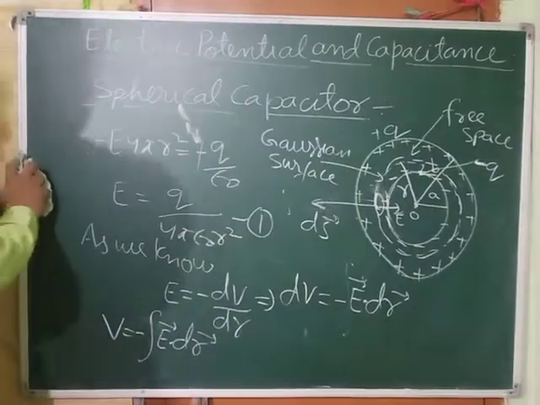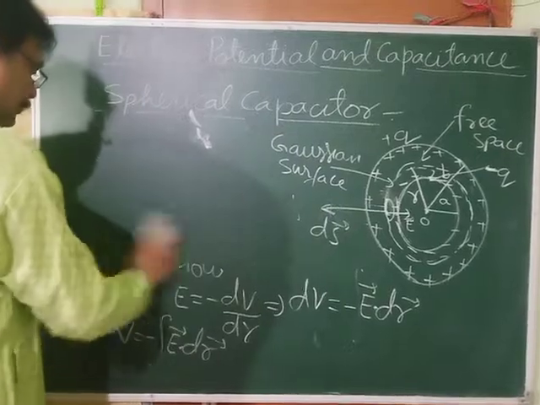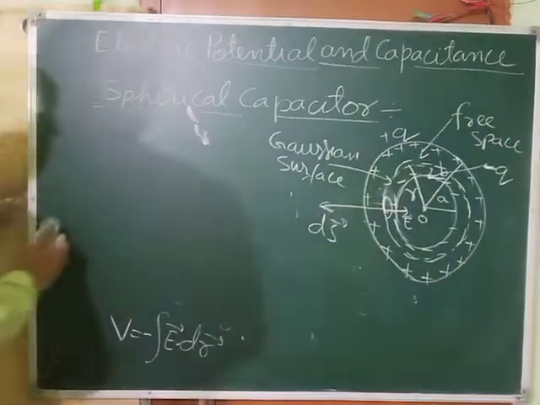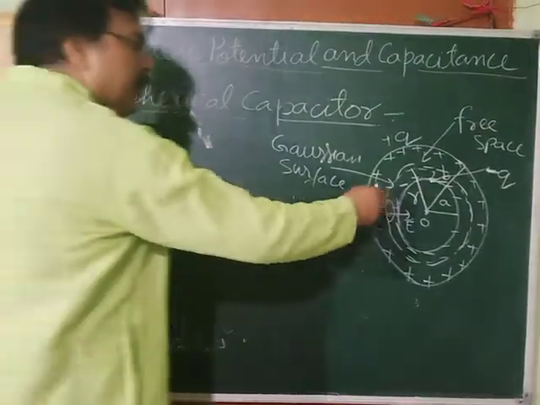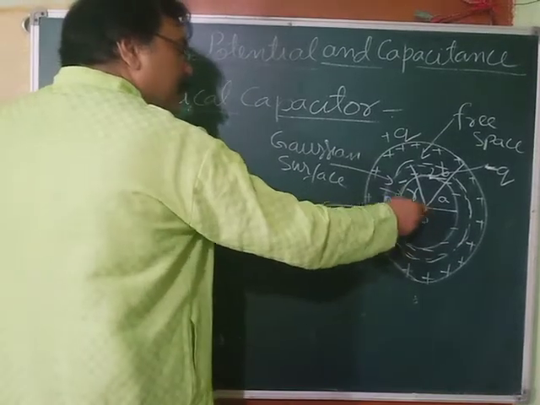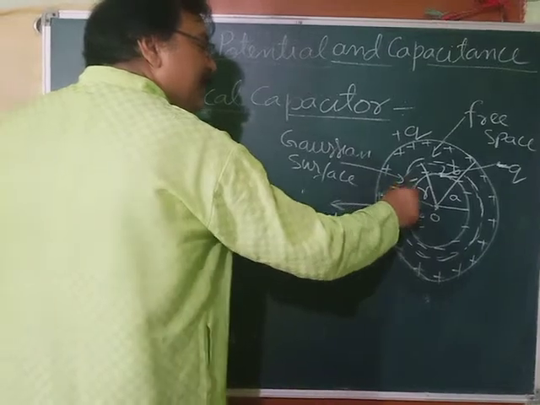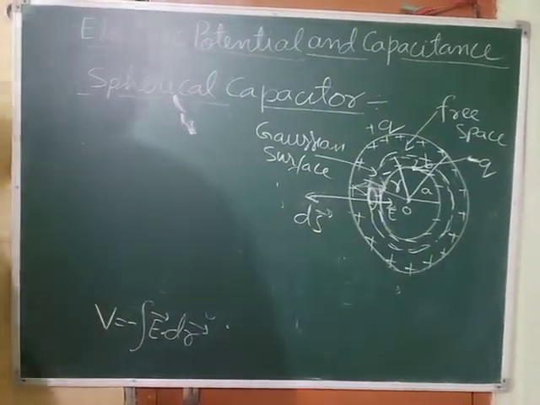Now see, what is the direction of E at any point between these two? E is this side. What about the direction of r? r is directed outward. E is directed inward. Both are in opposite directions. Angle is how much? 180 degrees. So what we will get?